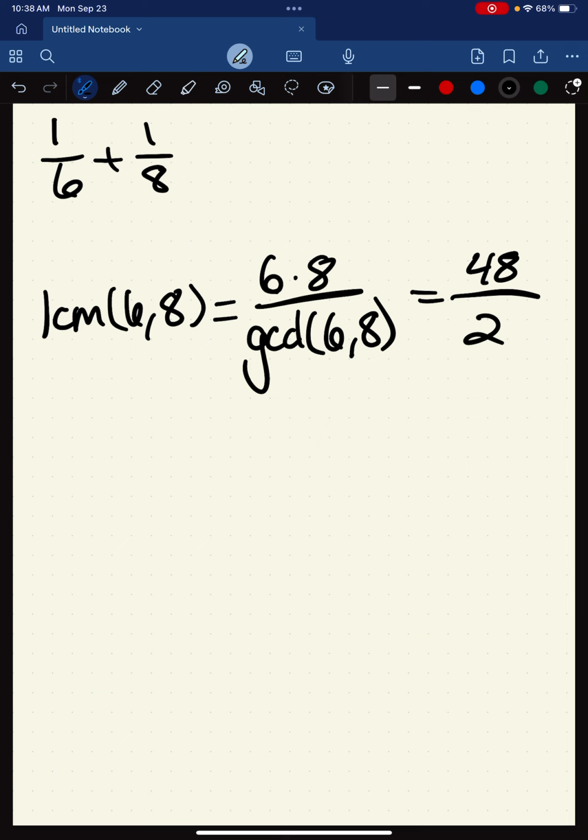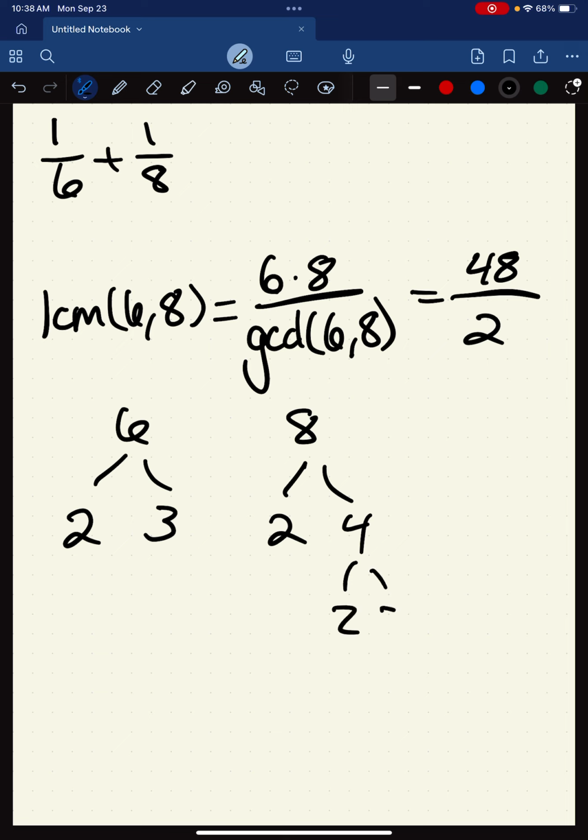And just a brief note on how we calculate the greatest common divisor, in case you don't remember. 6 is 2 times 3. 8 is 2 times 4, which is 2 times 2. And we pair them up. We have 2 in common, so that's our greatest common divisor.